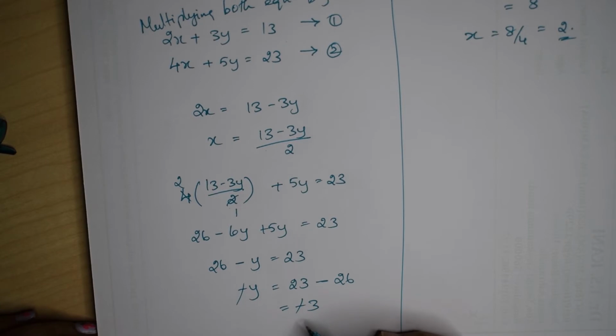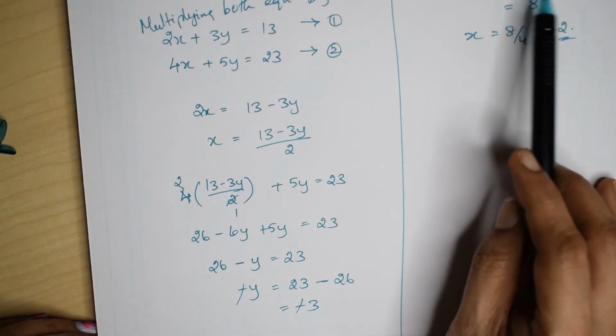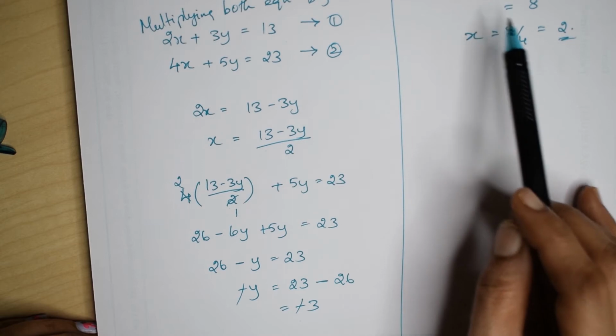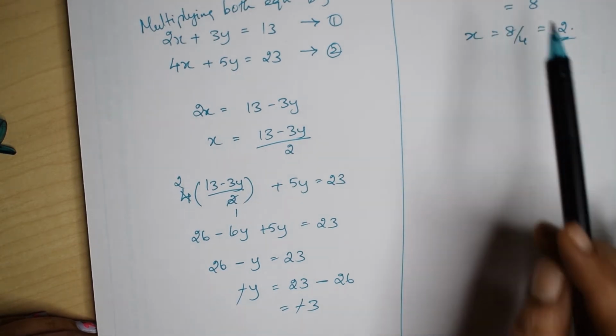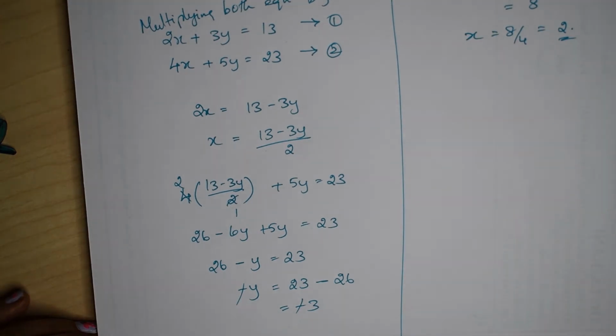And 4x plus 5 into 3 is equal to 23. I substitute the value of y in the second equation, I have this, and I find the value of x to be equal to 2.